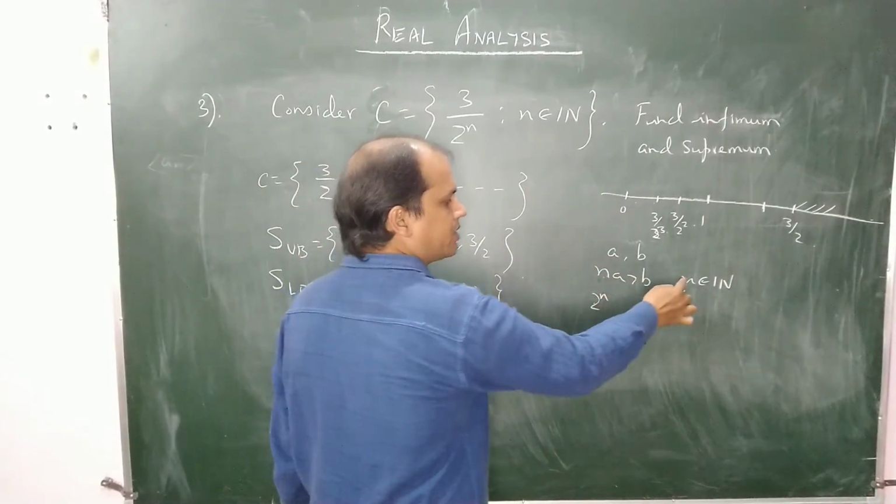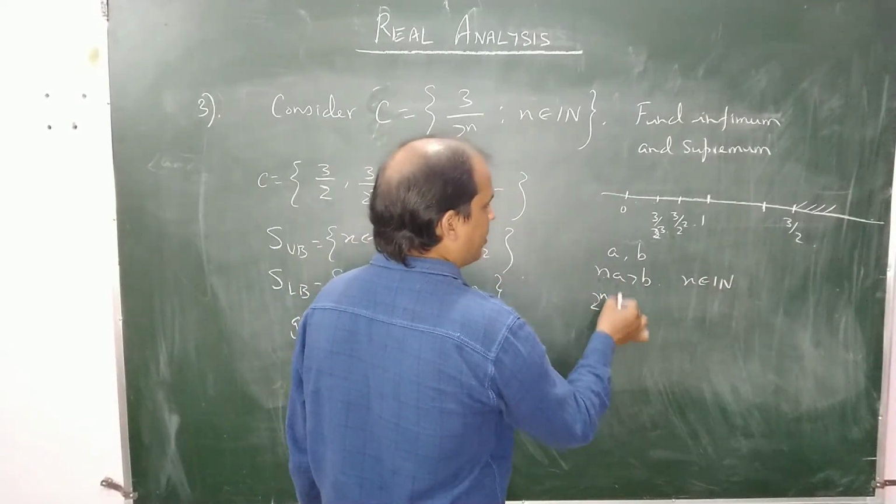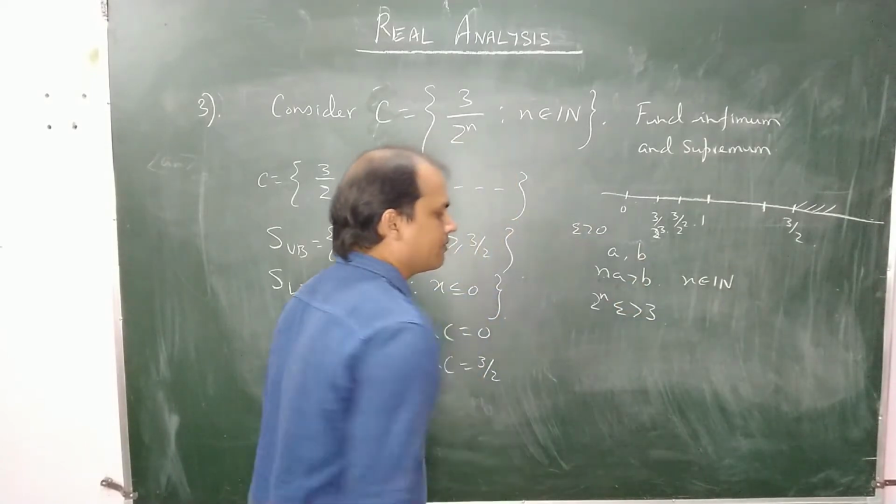Let me replace A by epsilon, which is greater than 0, and B by 3.